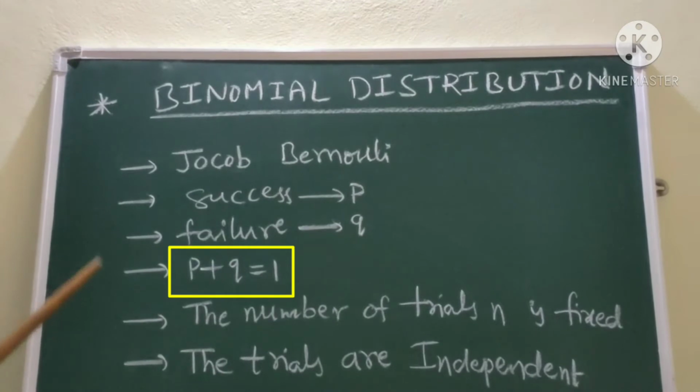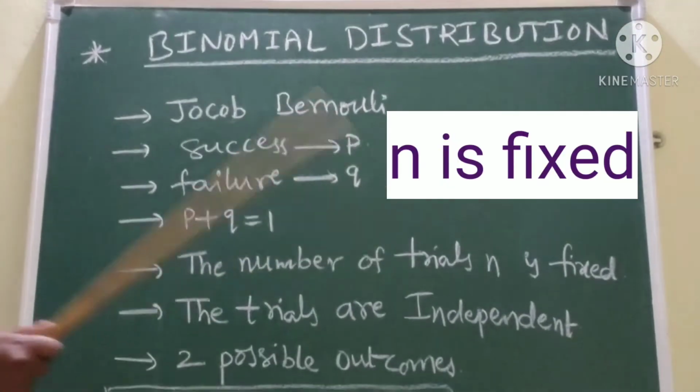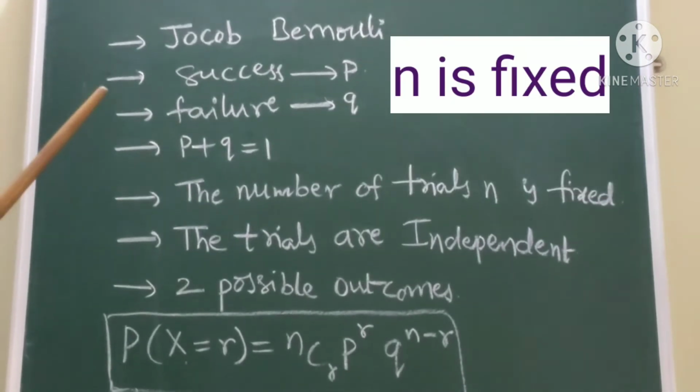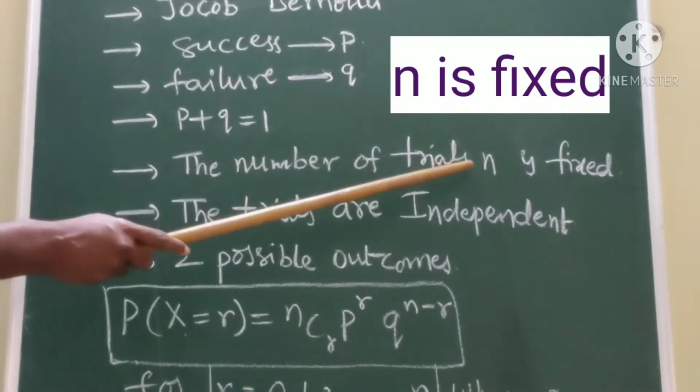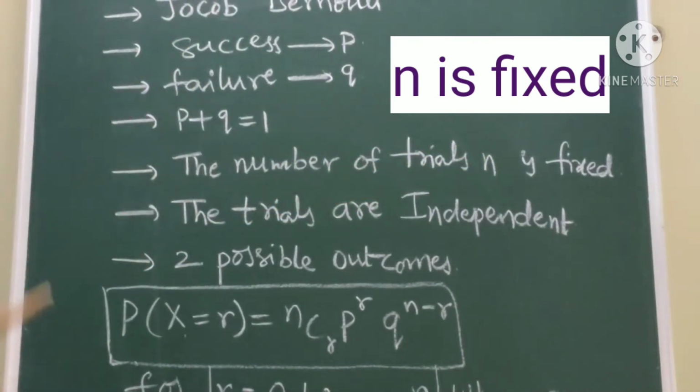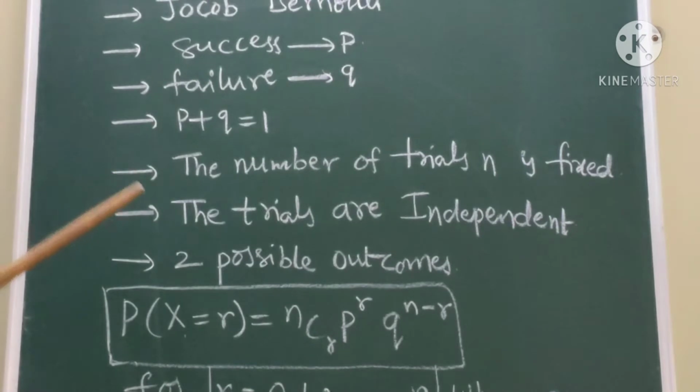And next point, in binomial distribution, the number of trials N of the random experiment is fixed. The number of trials is fixed. It may be 5 or 10 or 15 and so on.